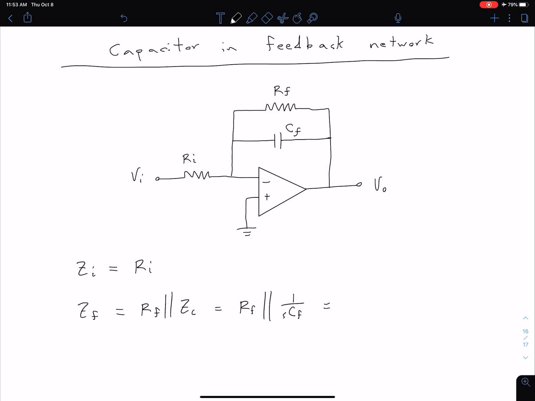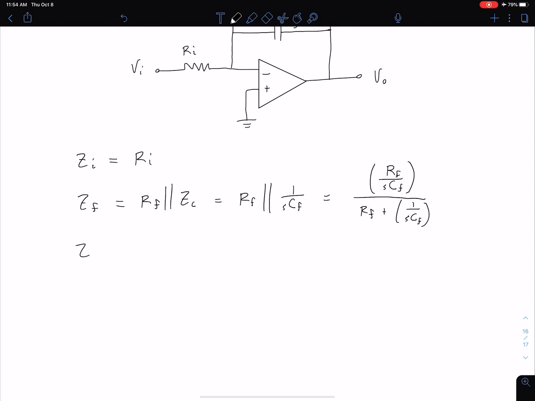We can find that, again, just by doing that simple equation of the product divided by the sum. So we have Rf times 1 divided by S Cf, divided by the sum of the two, Rf plus 1 divided by S Cf. In the denominator, we can find a common denominator to add those two terms.